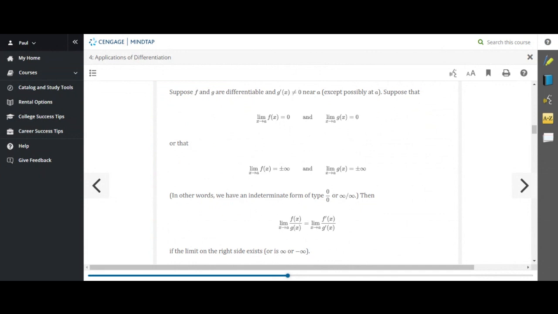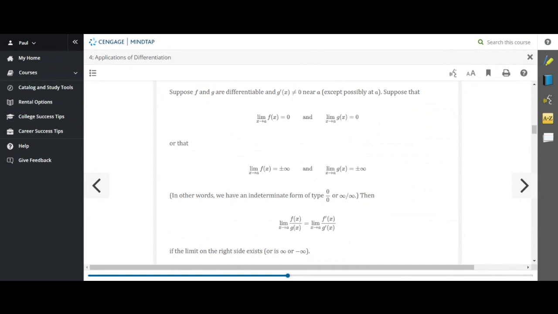Okay, so it says that if you have two differentiable functions, f and g, differentiable meaning you can take the derivatives of the functions, and the derivative of the g of x function in the denominator is not equal to 0, except possibly at a, but let's just move forward here.